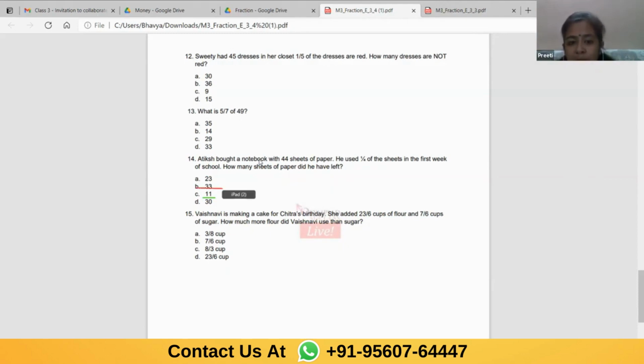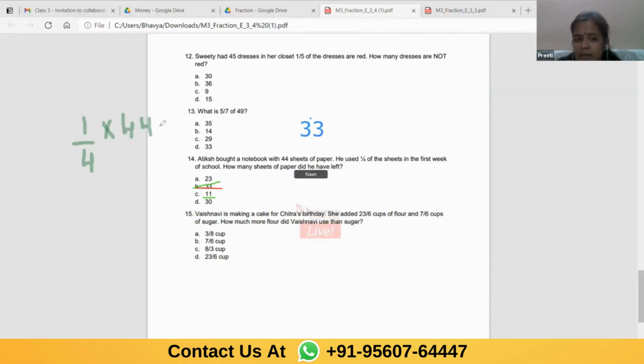Now, Bobby, the total number of sheets in the notebook is 44, out of which Atiq uses 1/4 of 44 in the first week. So how many sheets is he using? When you find 1/4 of 44, what is the answer?